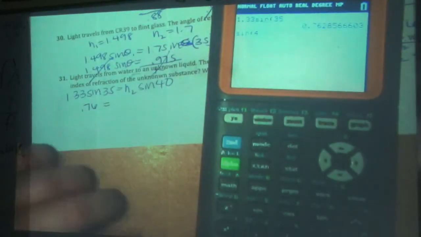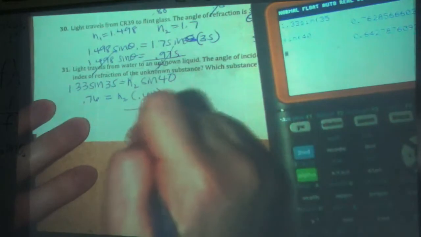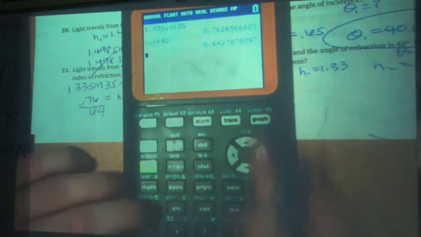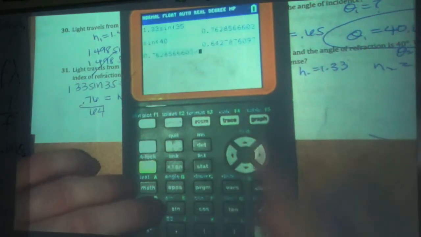That's 0.76 equals N2 sine of 40. Sine of 40 is just a number. It's 0.64. So then we just divide the 0.64 over. That gives us that N2 is equal to 1.186.